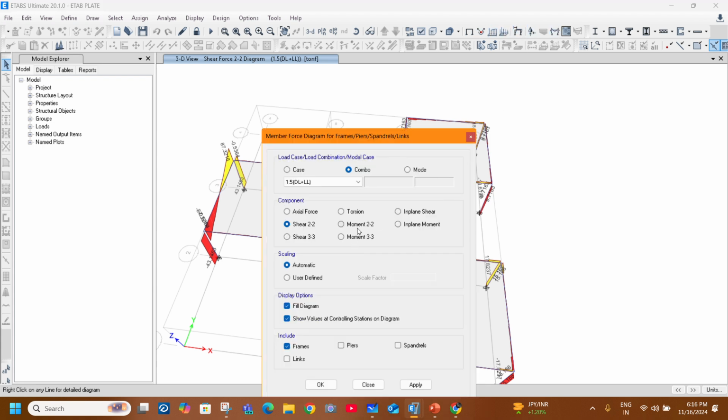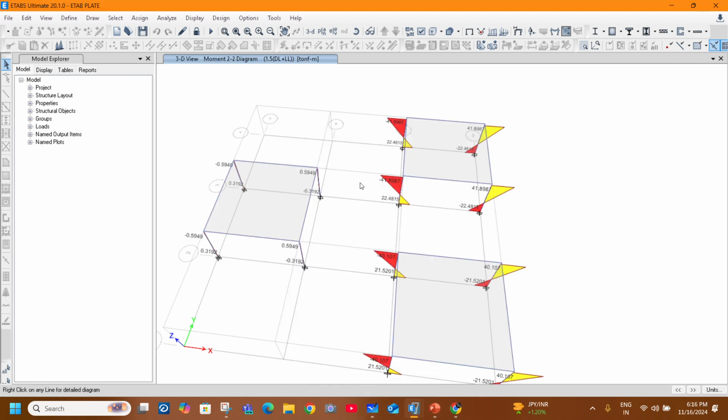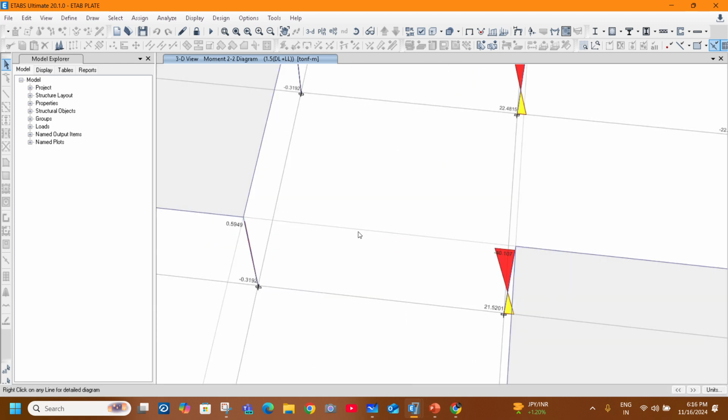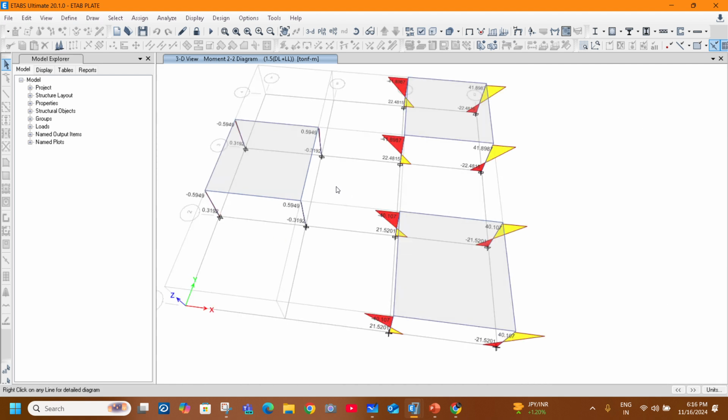And suppose this is the moment. So it is clearly mentioned, if we want to model any kind of structure where the horizontal slab does not carry any kind of load, we generally choose membrane.